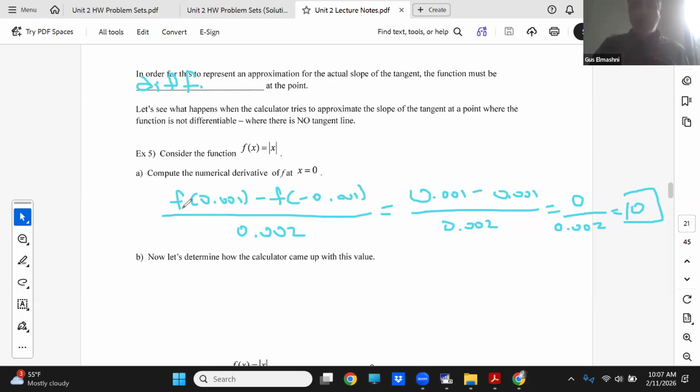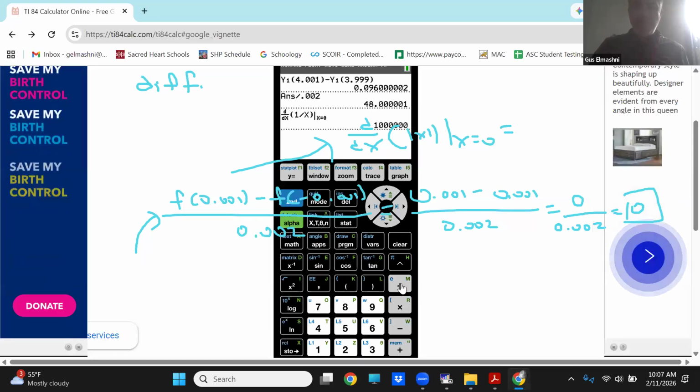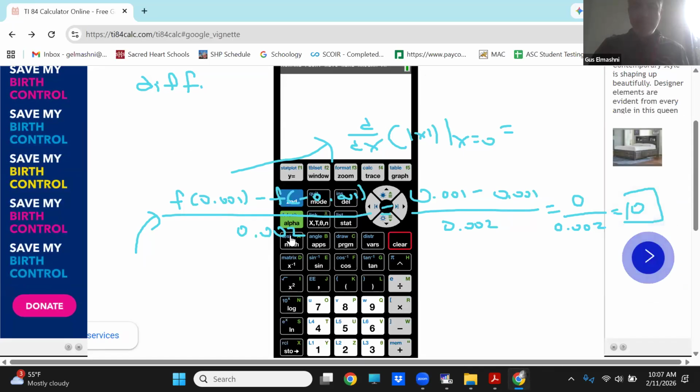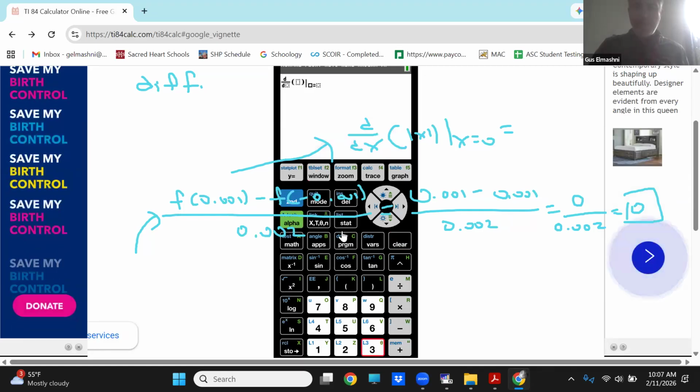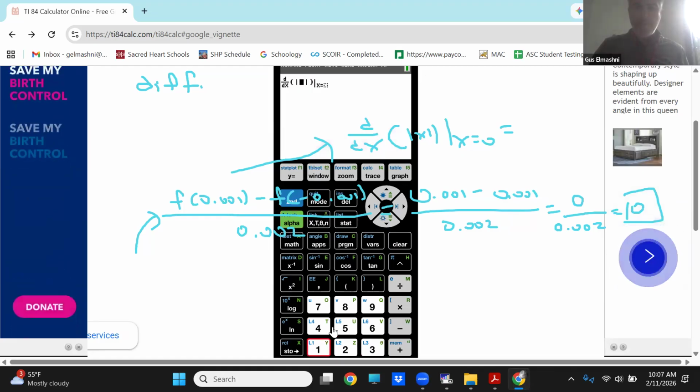So actually, I kind of did both part A and B for you guys. This is actually part B, by the way. Part A is actually doing the calculator. If I go back to the calculator again, alpha window, option 3, X, alpha window, option 1.